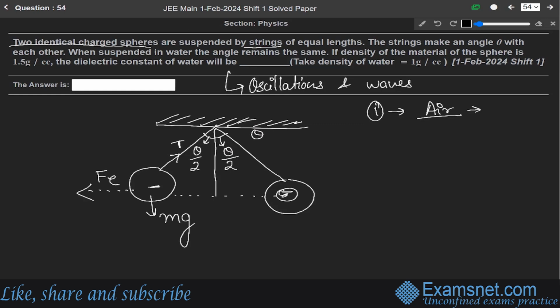Since this angle is theta by 2, if we extend it, this angle will also be theta by 2. So tan theta by 2, perpendicular over base, will be Fe over mg, the electrostatic force due to this sphere over the downward gravitational force.